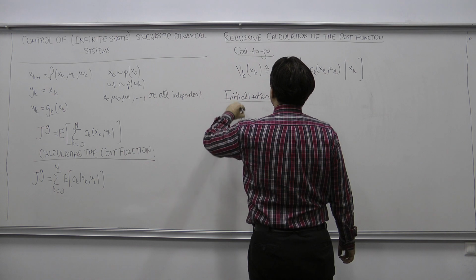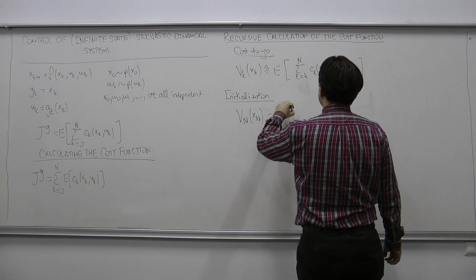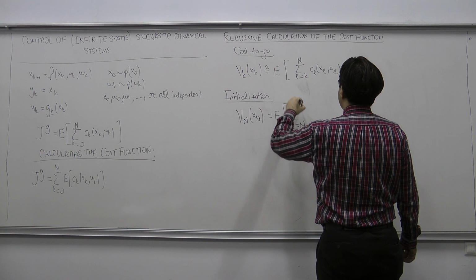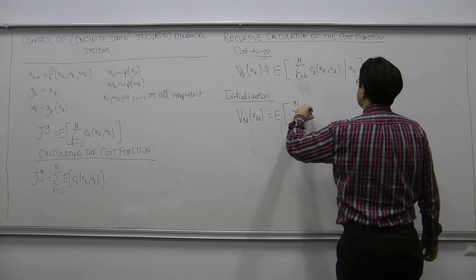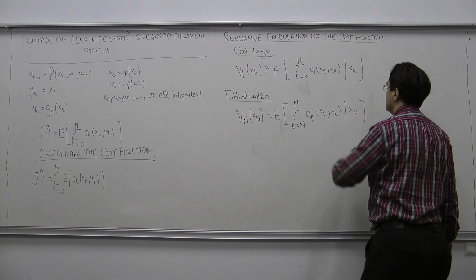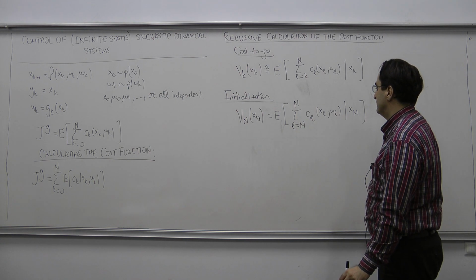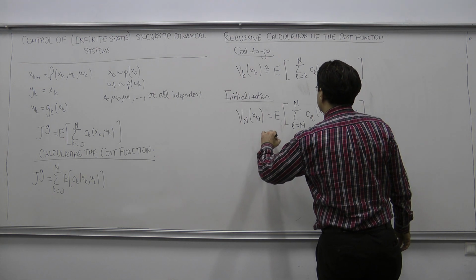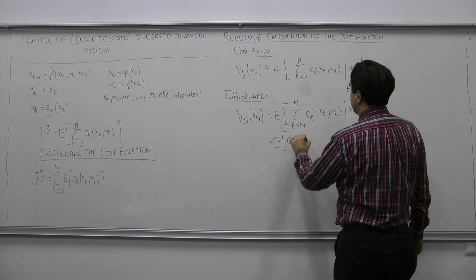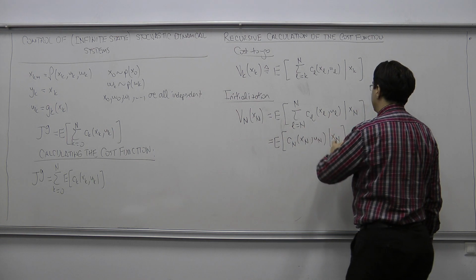We are going to start with Vn of xn, and this is going to be by definition, instead of k I will substitute n. L equals n to n, CL, XL, UL, given xn. Okay? And you see that in this summation there is only a single term. So this is going to be the expectation of a single term, L equal to n, Cn xn un, given xn.